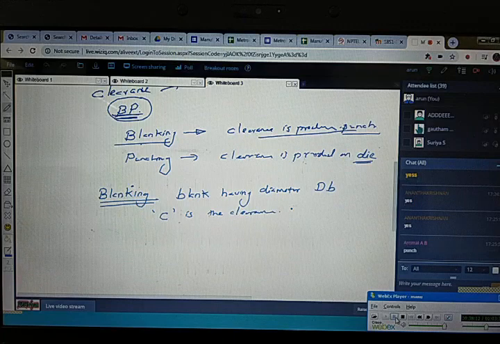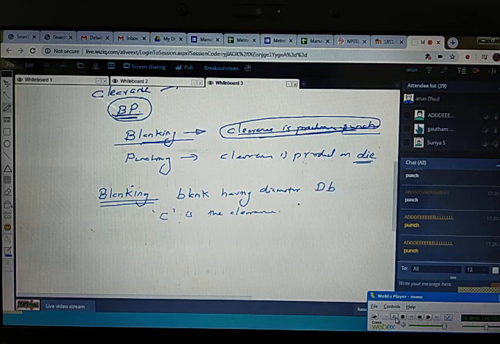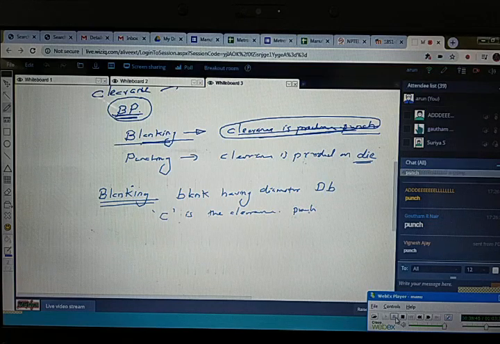Someone says that it is on the punch. What about his opinion? Is it die? Please check here. In the case of blanking, where we have to give the clearance, I give the code BP. Blanking is provided on the punch. The clearance is provided on the punch. Use that code BP. For blanking, it is punch. So C is the clearance provided on the punch.